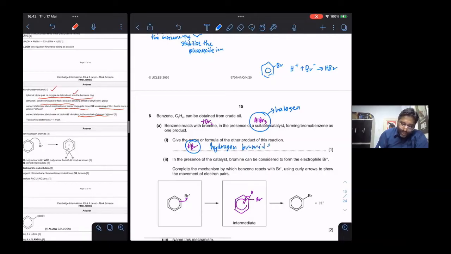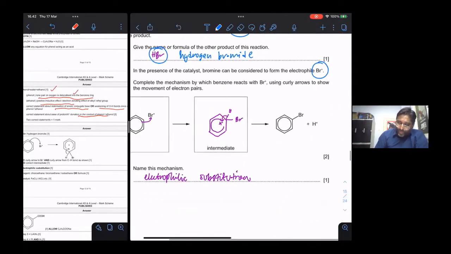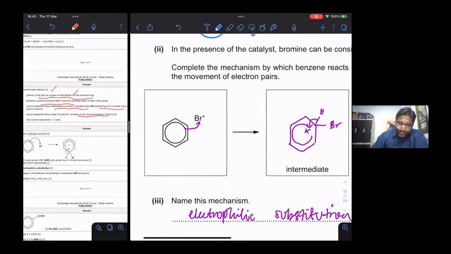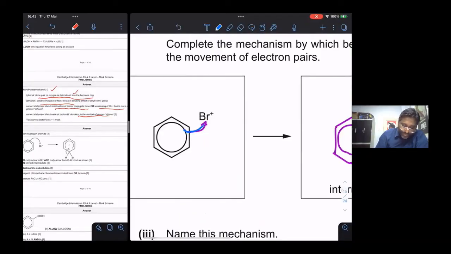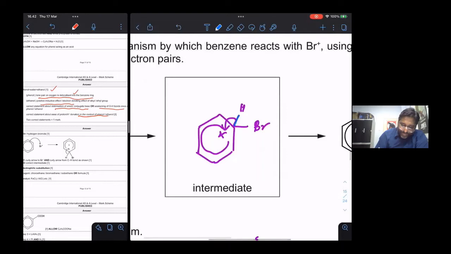Now, in the presence of catalyst, bromine can be considered to be an electrophile. So they already say Br+ is the electrophile. Complete the mechanism. When you complete the mechanism, do check first the bond is being formed at this carbon. So you just draw from here to here the movement of the electrons, and they are going to have this and this.